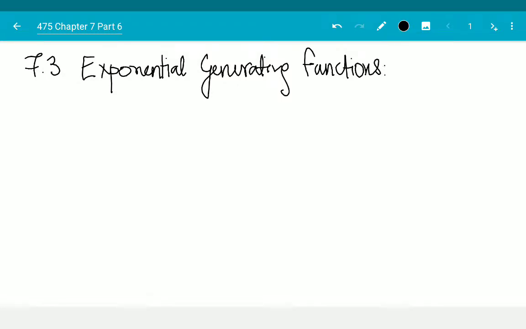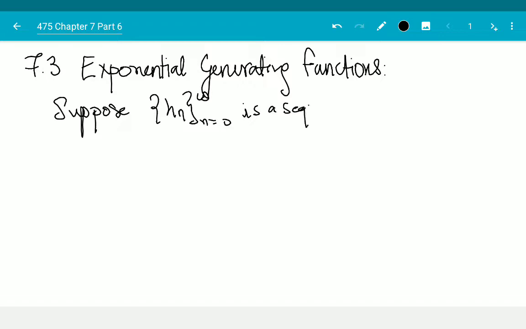Similar to before, suppose you're given a sequence. The book uses h_n, so let me also switch to h_n. Suppose h_n, from n equal to 0 to infinity, is a sequence of real numbers.